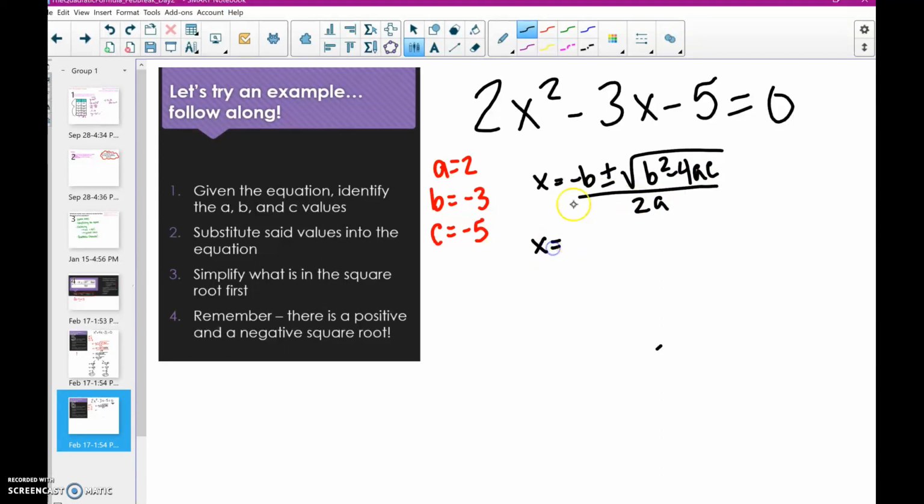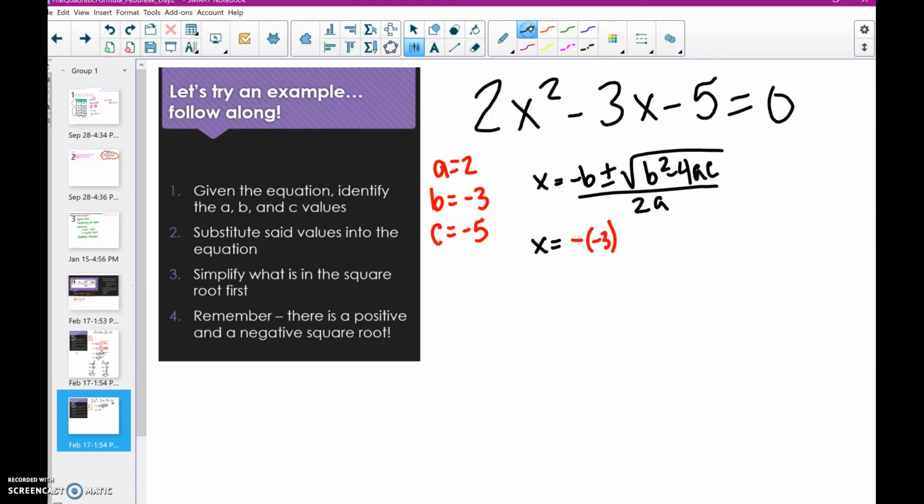X equals, okay, the reason why I picked this example is for all you people who keep having just a couple issues on the negative idea. We have a -3. That our b value is already negative, and we're making it negative as well.